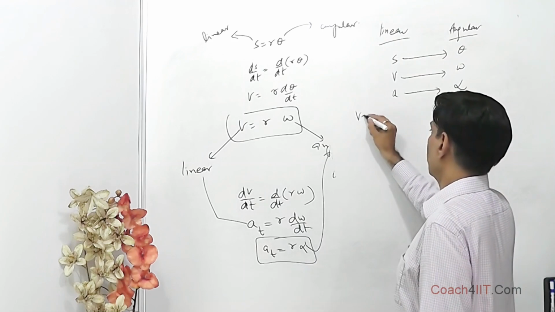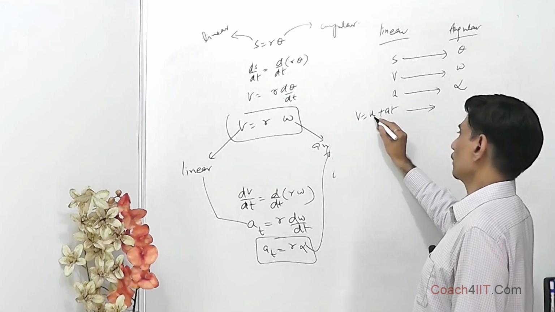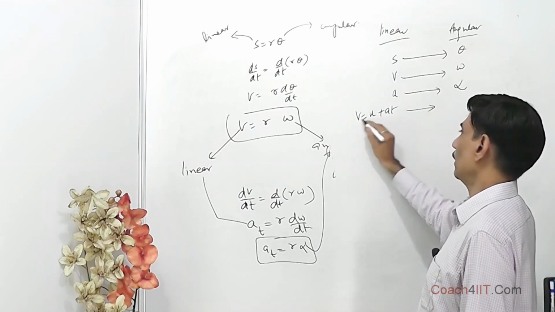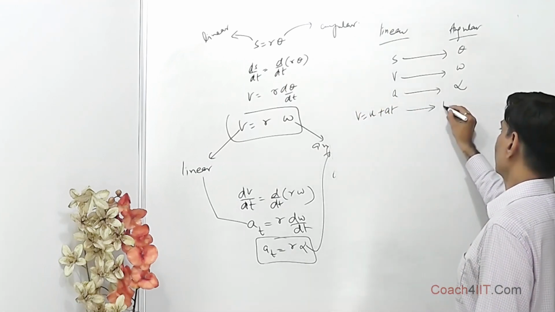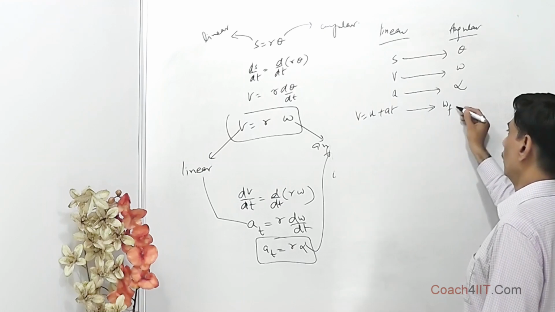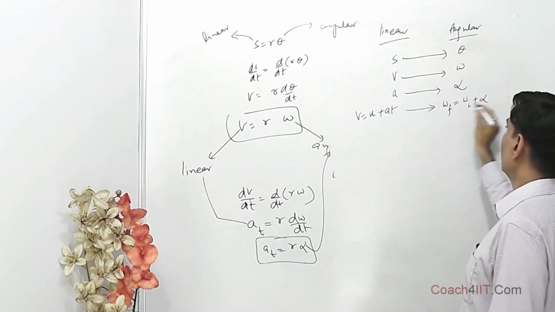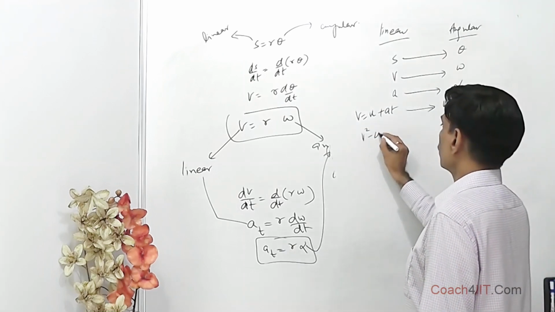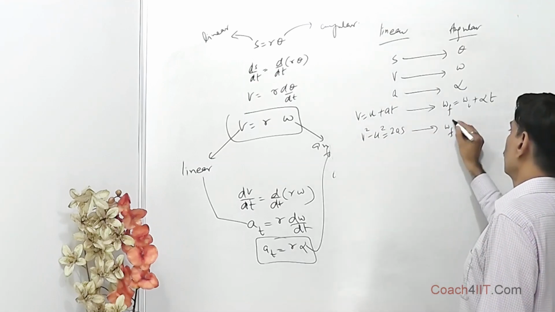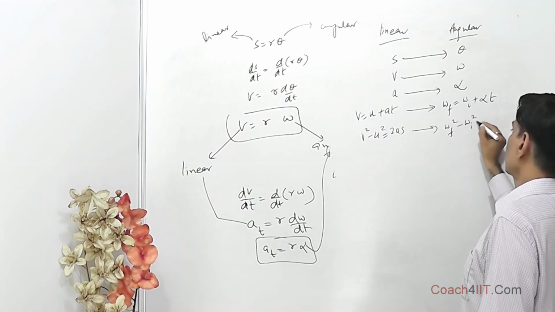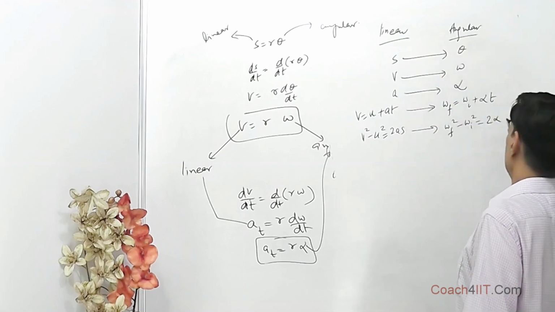So if we have the equation v is equal to u plus at, where v is final velocity, u is initial velocity, a is acceleration, t is time, for linear parameters in linear motion, then its counterpart in angular motion is angular velocity final, omega final, is equal to omega initial plus alpha t, t remains t only. v square minus u square is equal to 2as, v is now replaced by omega final square minus omega initial square, 2 remains 2, a replaced by alpha, s replaced by theta.